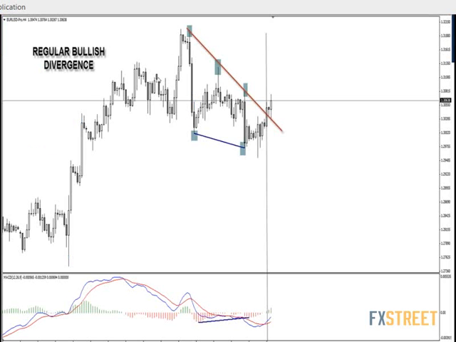This is the example for a regular bullish divergence. You can see that the price has been making a series of lower highs and lower lows, and that is definitely a downtrend. How do you define a trend? You just need one confirmation.